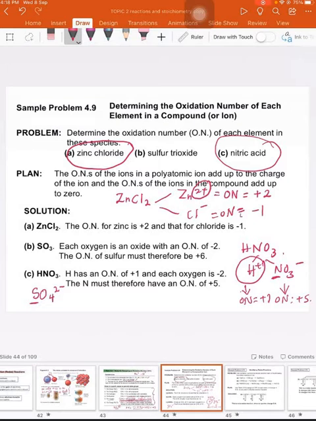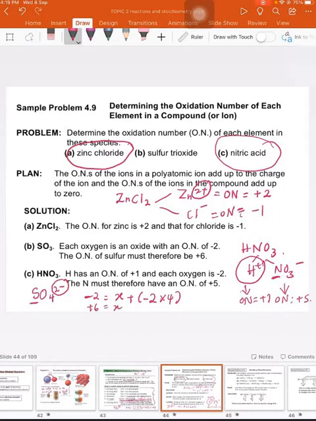Six. Positive 6. Okay, so we know the total charge is negative 2, meaning negative 2 is the total oxidation number. S is what we want to find, oxygen's common is negative 2 but there are 4. So negative 8 here, bring to the other side, meaning 8 minus 2. Yes, the answer is 6.